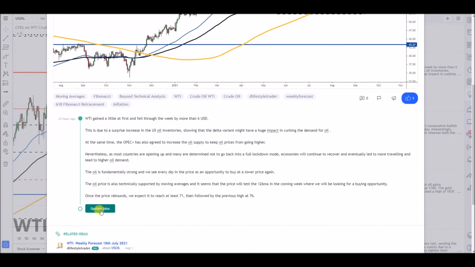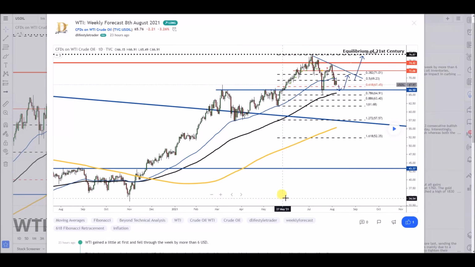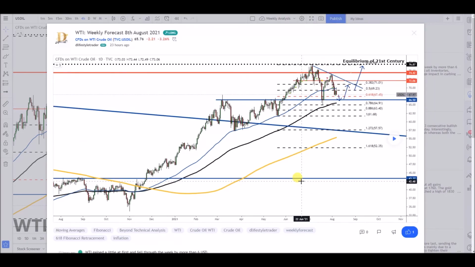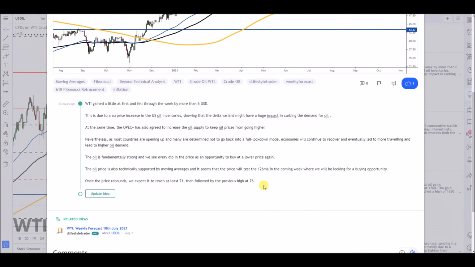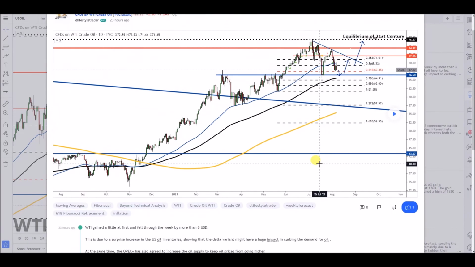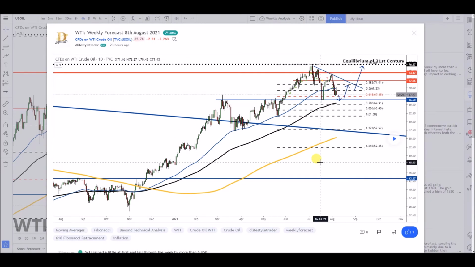Once the price rebounds, we expect it to reach at least 71, followed by the previous high at 76. Because at the end of the day, the fundamental that we just shared is that economies are not going to go back to a full lockdown mode unless something really serious happens again, which we doubt for now, because most people are getting vaccinated.